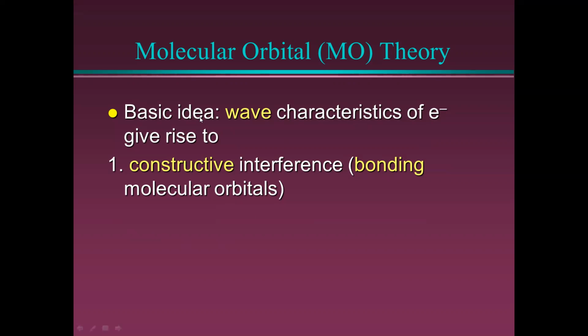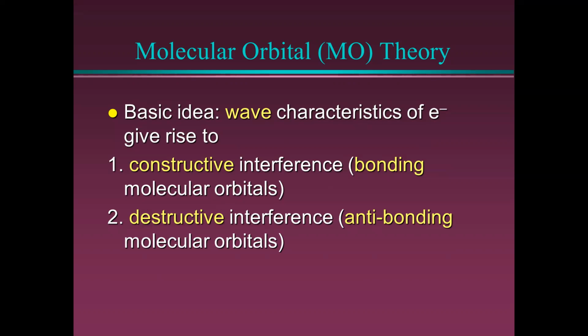So based on this idea, for waves there is a phenomenon called constructive interference. In that case, for molecular orbitals, we think it's a bonding molecular orbital. And if the two waves have destructive interference, they will form the antibonding molecular orbital.